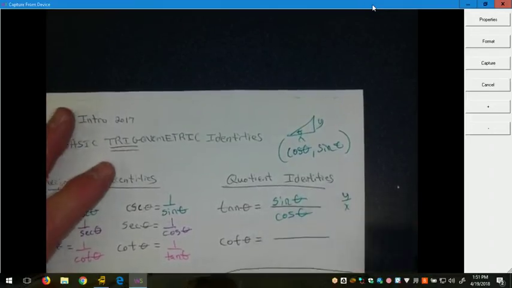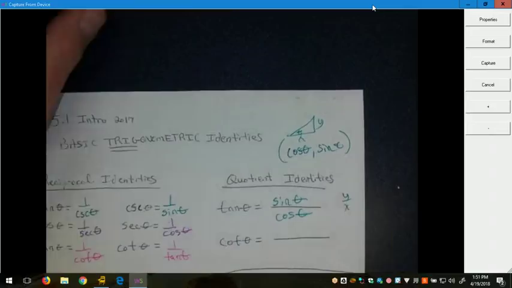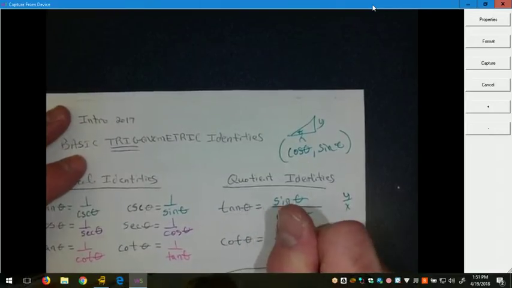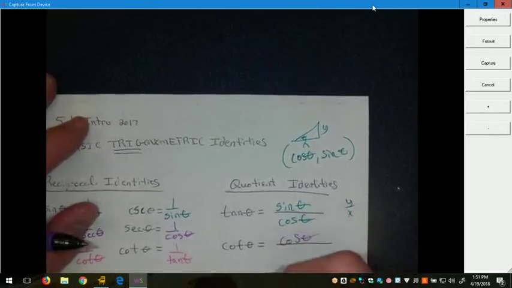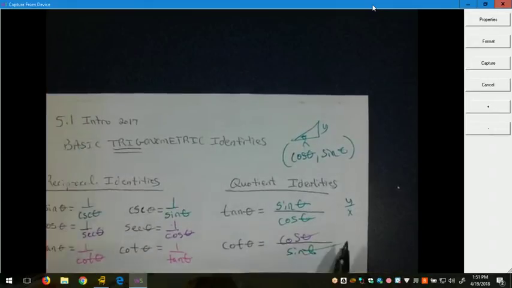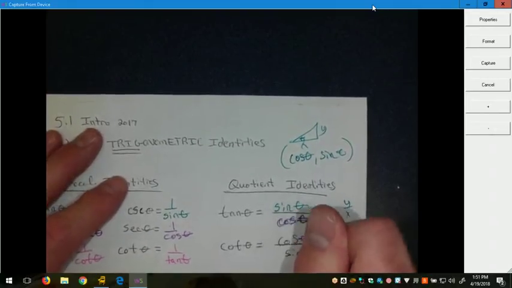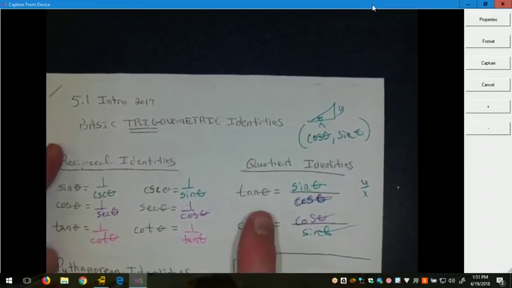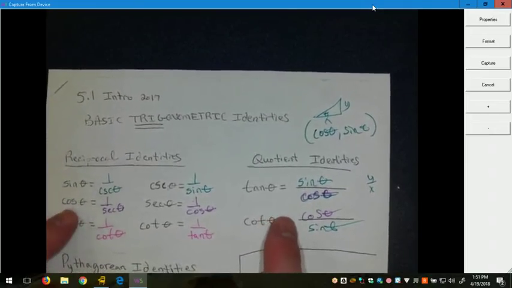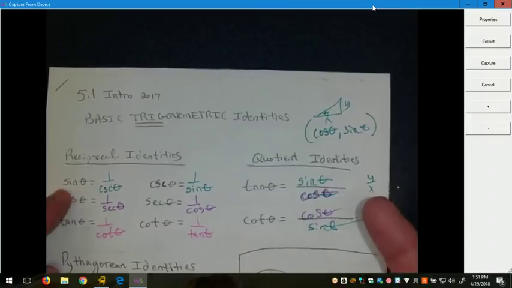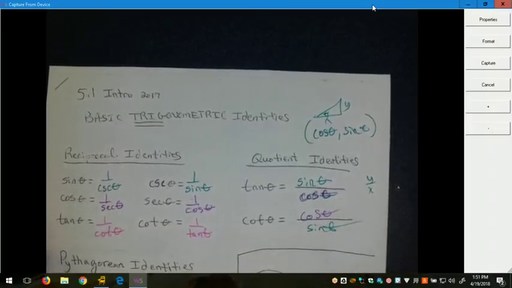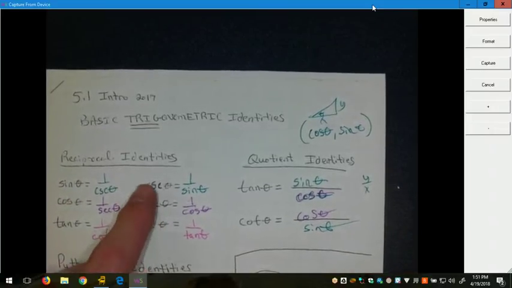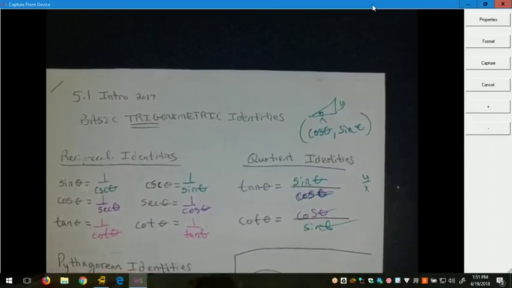Whereas cotangent is equivalent to cosine divided by sine. So these are identities that we should already be somewhat familiar with. Definitely familiar with the reciprocal trig functions of sine, cosine, and tangent, and the reciprocal trig functions of cosecant, secant, and cotangent.